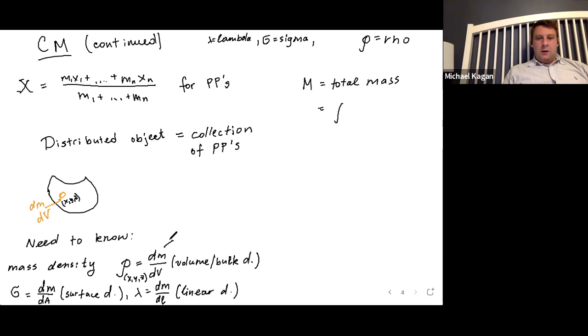From here, you can write that dm of the given piece can be found by taking the density at that location times the volume. So integrate rho of x, y, z, dV. And in general, this is actually a three-dimensional integral, right? Over the object.